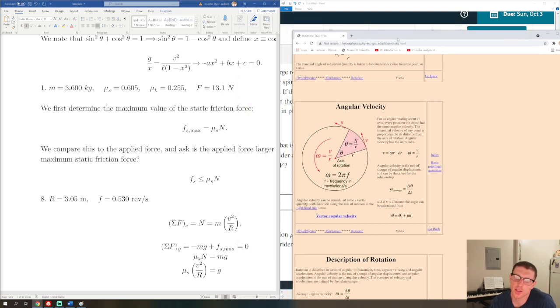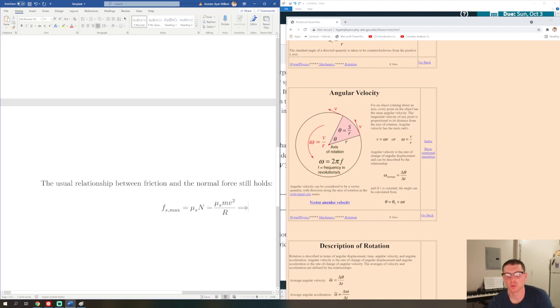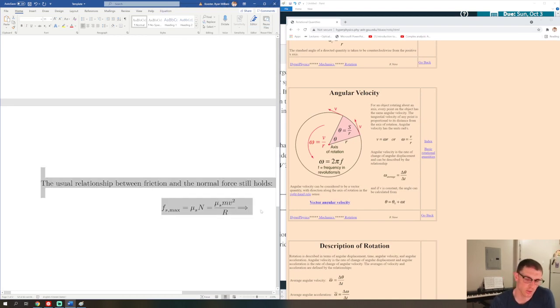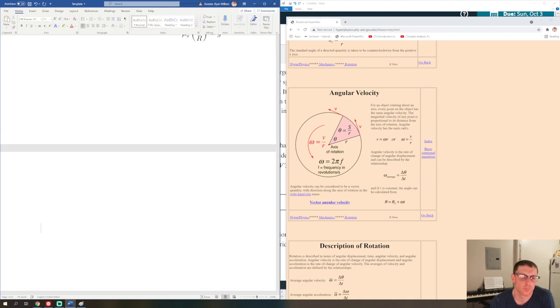So you can just take this on faith for the time being, but what you would do is write that V equals R omega, which equals R times 2 pi times the frequency. So this is what you're going to use for V.